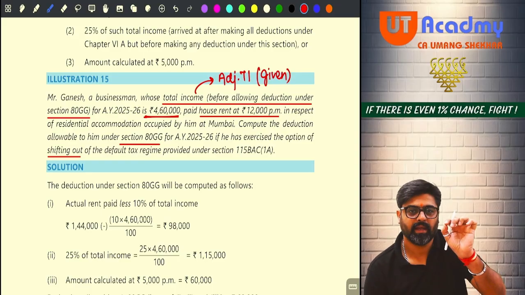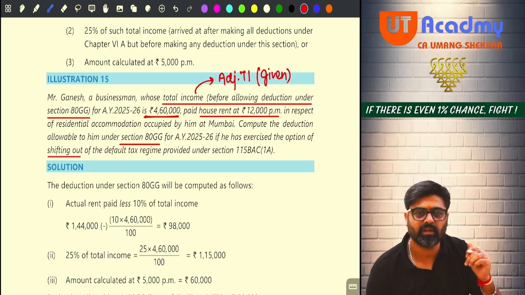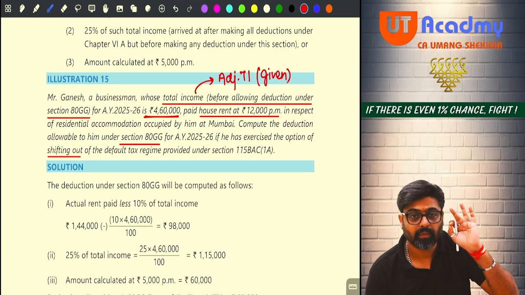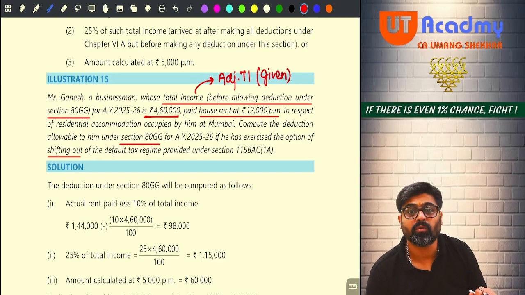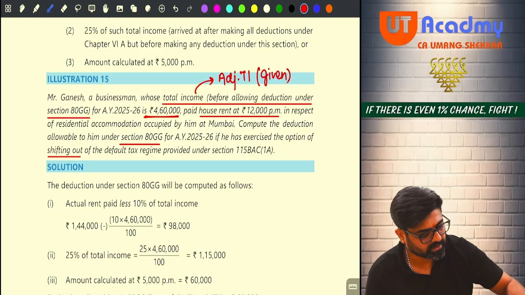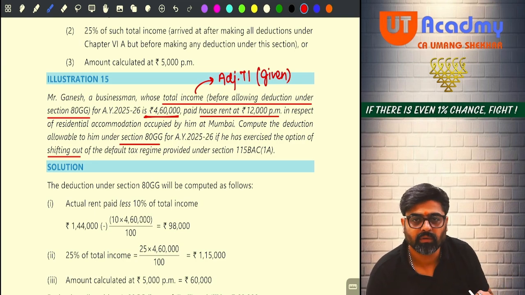How much? A, 5,000 per month will be 60,000. B, 25% of adjusted total income. Do you have adjusted total income? Yes, 4,60,000 into 25% will be 1,15,000.